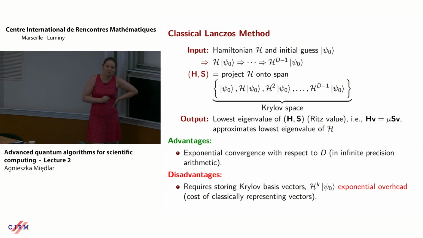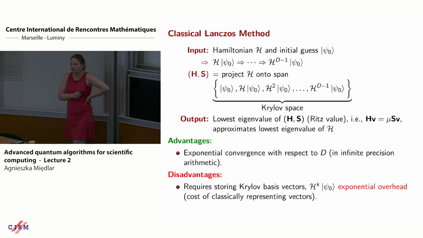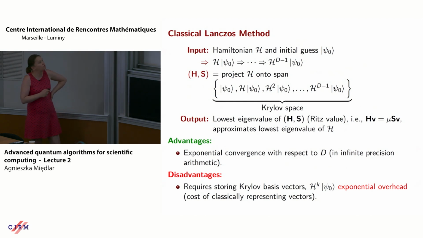So for the projection idea, we can actually check when it happens that the smallest eigenvalues of this problem are a good approximation to the smallest eigenvalue of our large problem. The advantage of this classical idea, if we apply it straightforwardly, is that we have exponential convergence with respect to D in infinite precision arithmetic. I'm not assuming that everything is exact on paper.